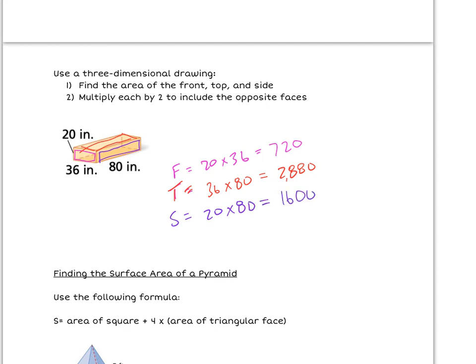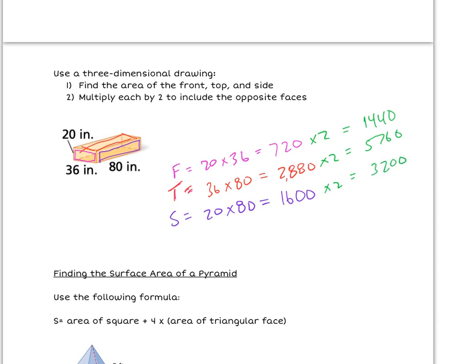So 1,600. And then it says take each of those and multiply them all by 2. So times 2, times 2, times 2. So 720 times 2 gives me 1,440. 2,880 times 2 gives me 5,760. And 1,600 times 2 gives me 3,200.